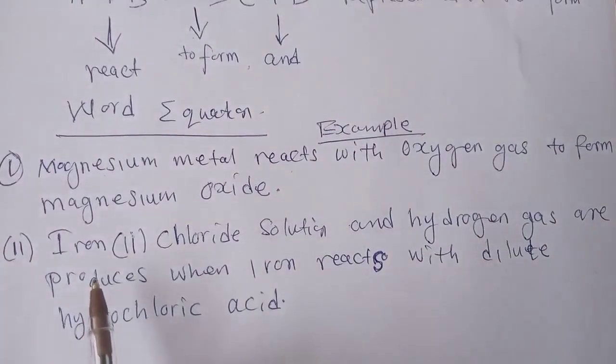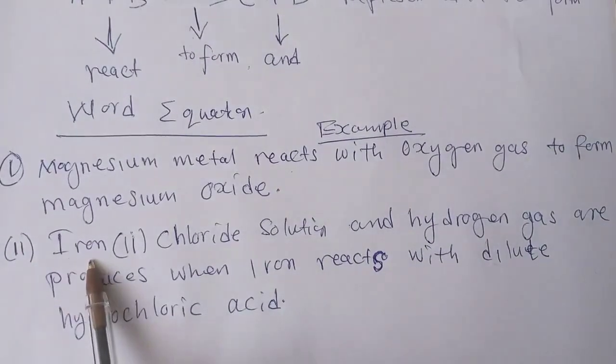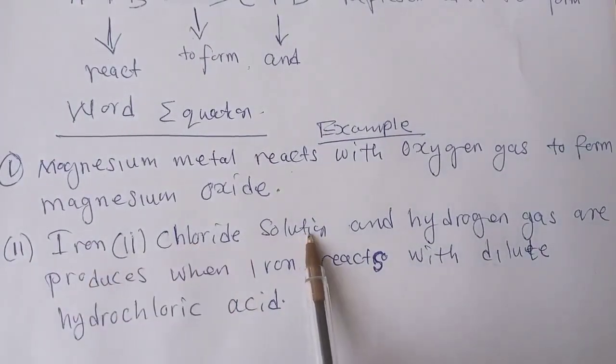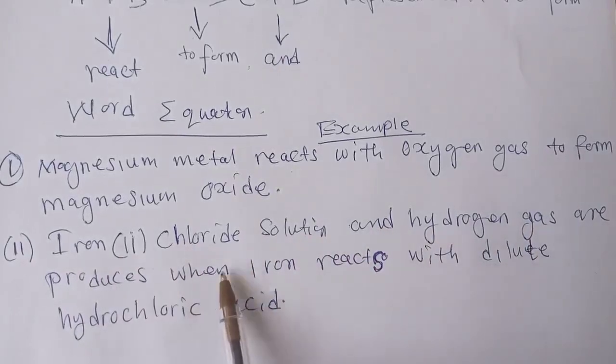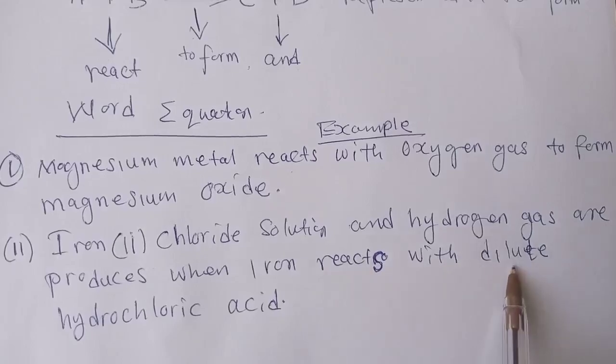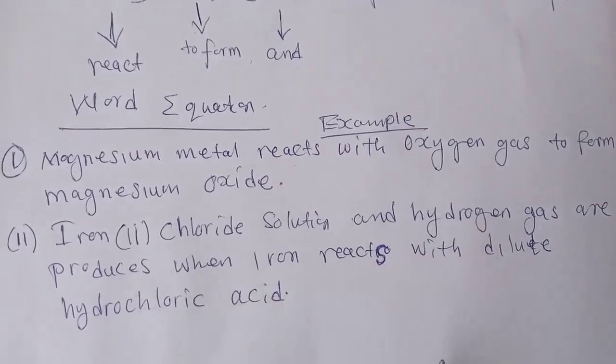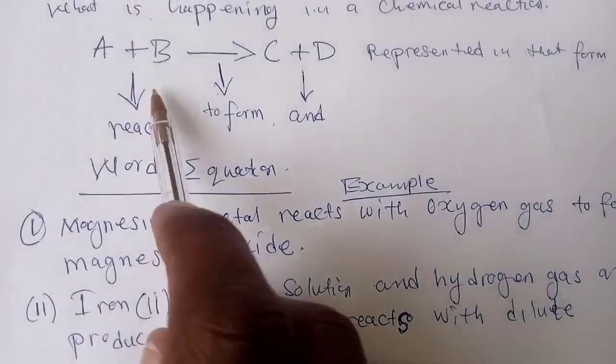So they are saying that iron 2 chloride solution and hydrogen gas are produced when iron reacts with what? With dilute hydrochloric acid. So you need to know these terms that we are using.